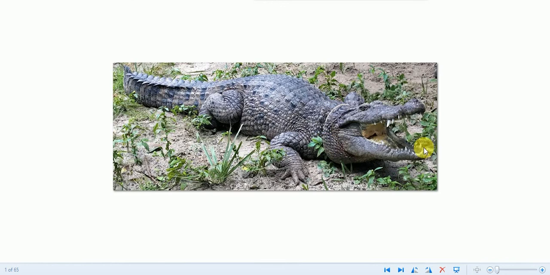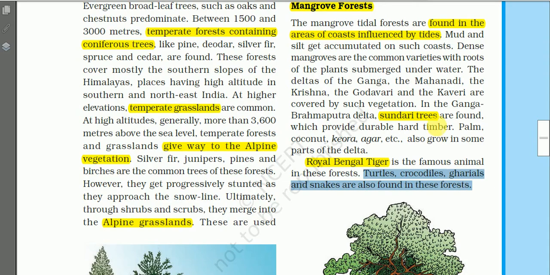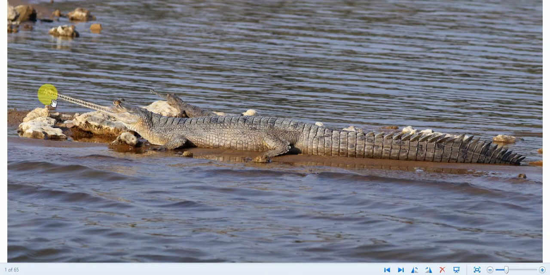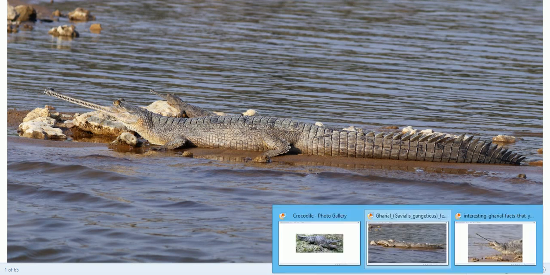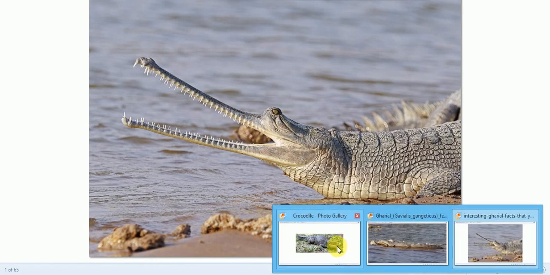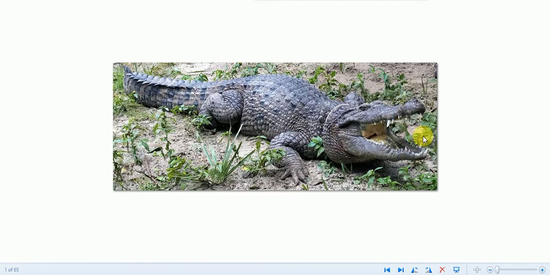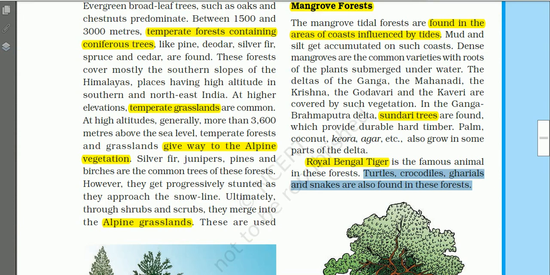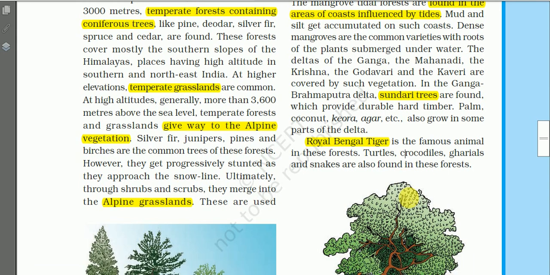This is a photograph showing crocodile. And this is a photograph showing gharial. See, it has a longer jaw. If you look closely, this is gharial, and this one is crocodile. Both crocodile and gharial are found in the mangrove forest, mainly in the Ganga Brahmaputra Delta.